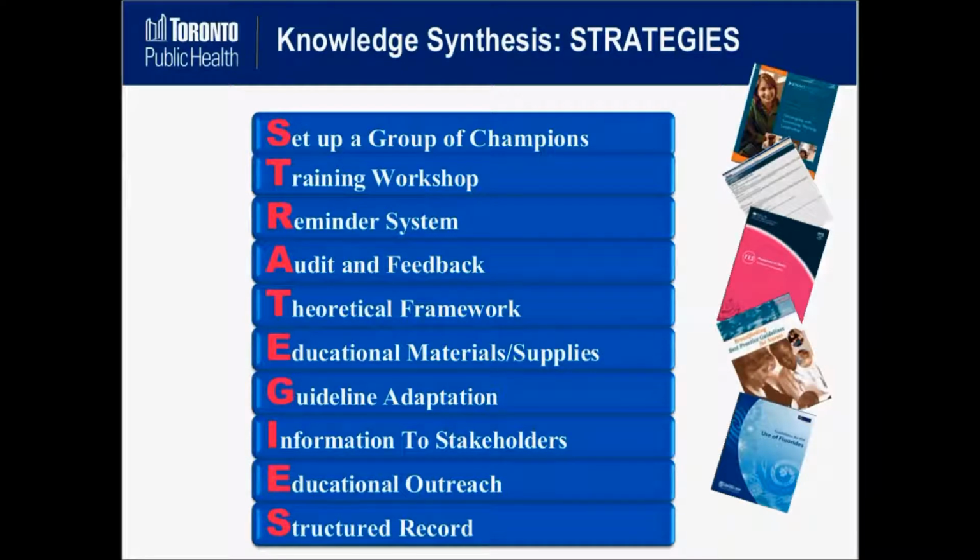There is about a total of 9 different single strategies and 25 combined strategies used for guideline implementation in the community health setting. Of these single strategies, 8 were applied in the primary care setting and 1 in a community health center.